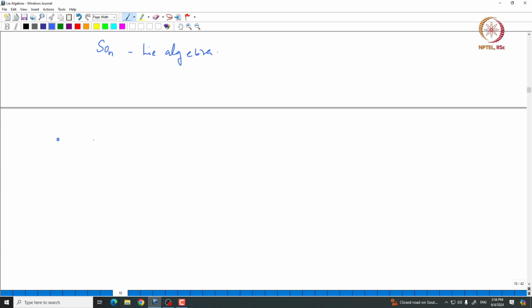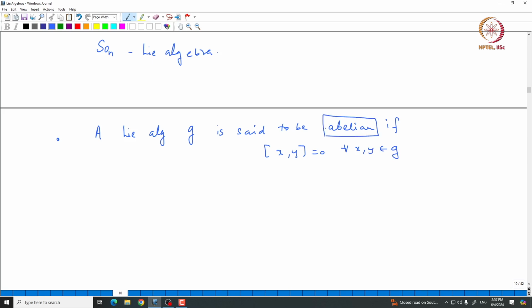A Lie algebra G is said to be abelian if the bracket [X,Y] is 0 for all X, Y in G. So, basically G is a vector space defined with the trivial Lie bracket. That is what is called an abelian Lie algebra.